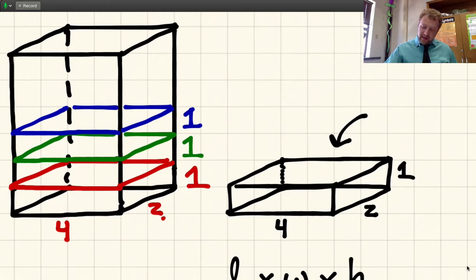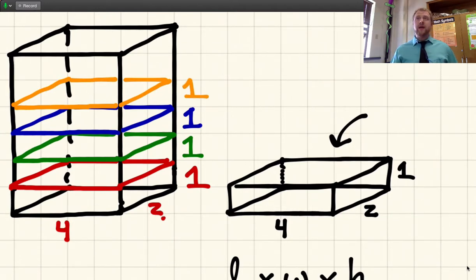It would also be 8. Let's add another layer. And it's 1 high. And what would its volume be? 8.